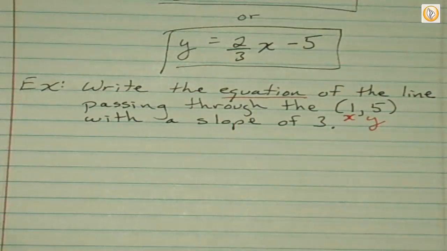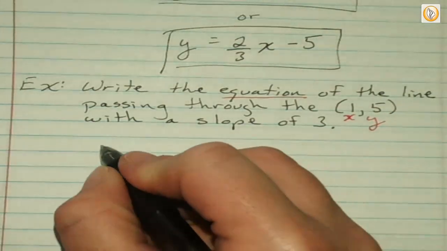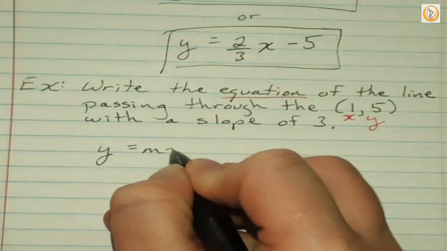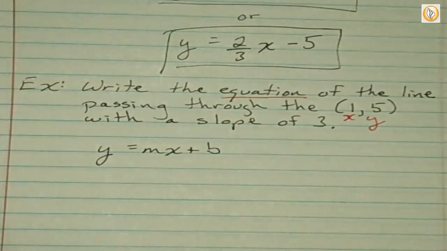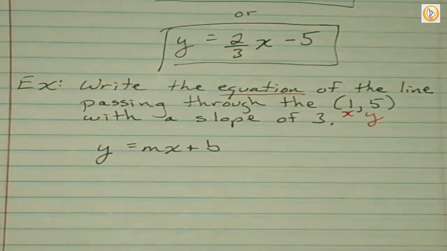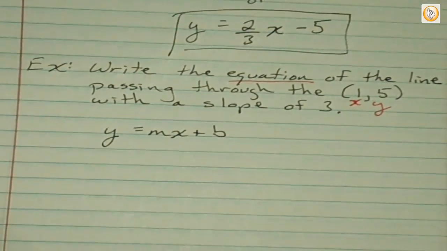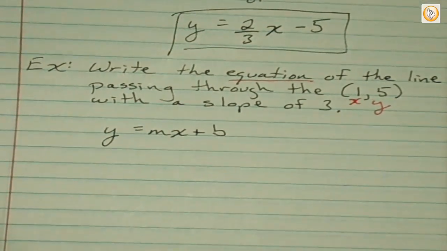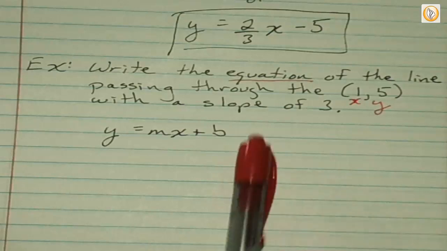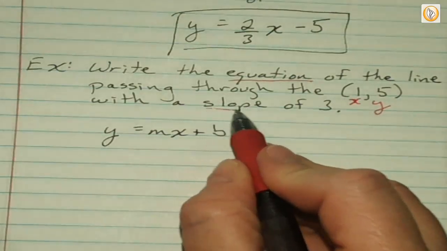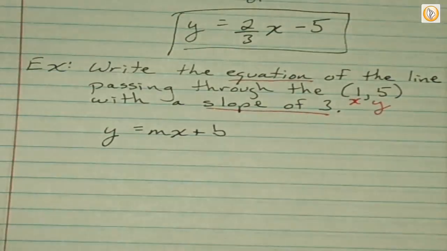What form should the final equation be? Slope-intercept form. So we want it to look like this eventually. What do we know? Well, we do know there's a slope of 3.